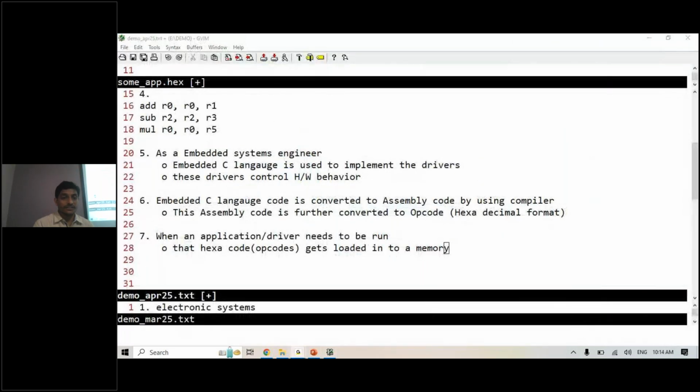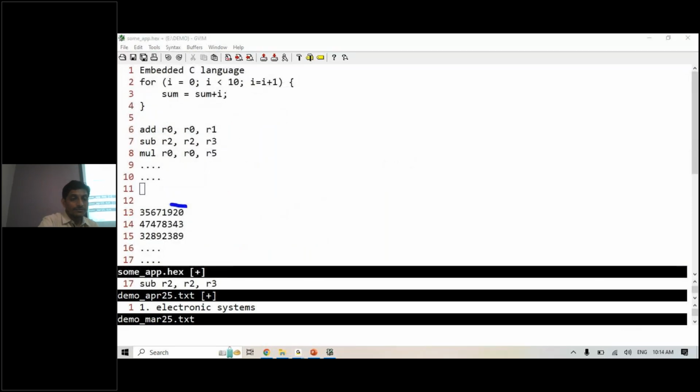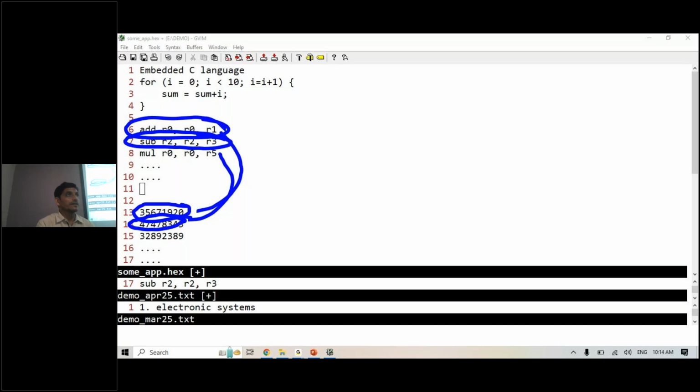Understanding the intent. This means this instruction, this means this instruction. That is called decode.